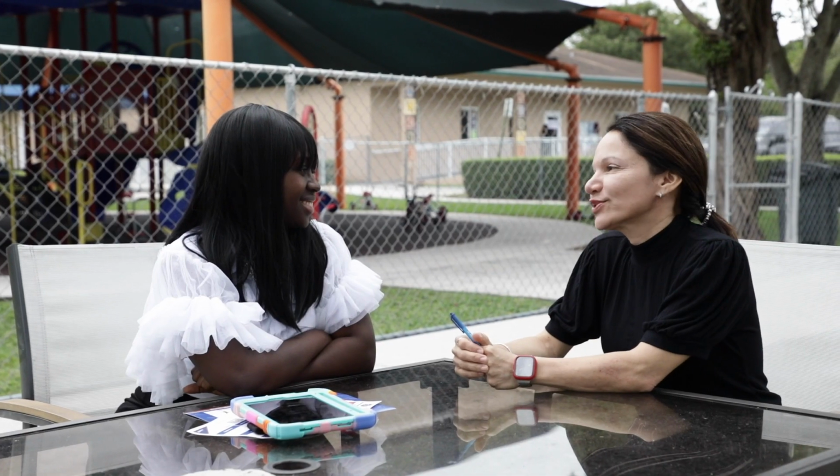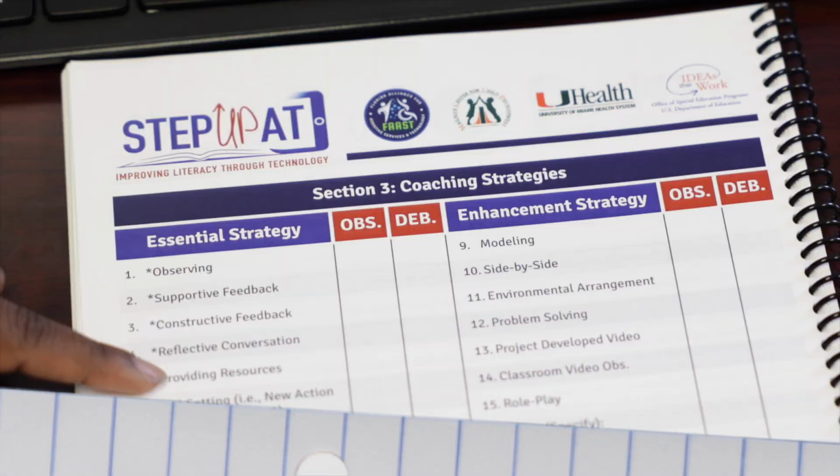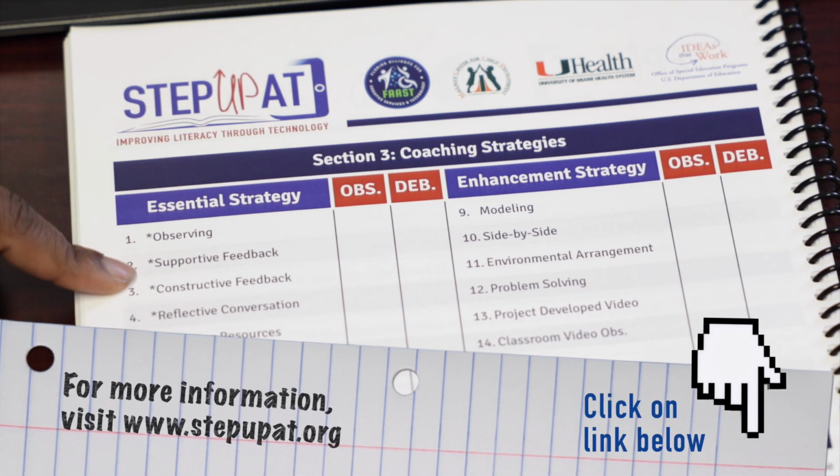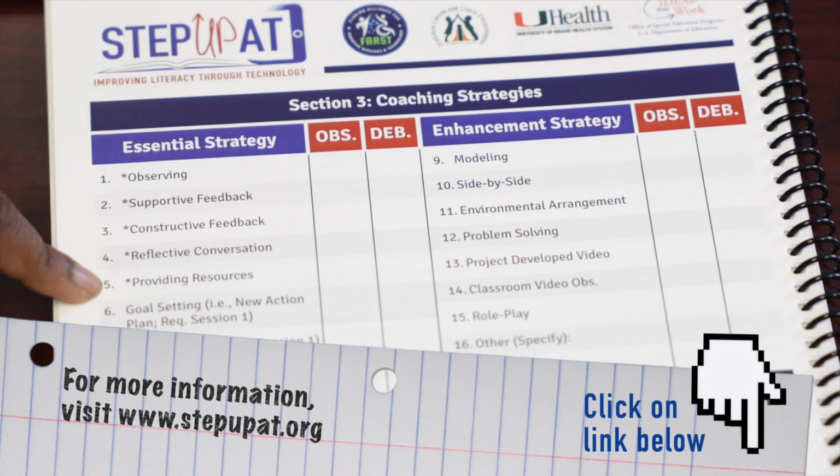Discussing the TSNA with your teachers allows them to have a say in learning what is valuable to them. And that means they will be more motivated to use what they learn. To review Step Up AT's 8 teaching practices, be sure to check out our video by visiting stepupat.org.